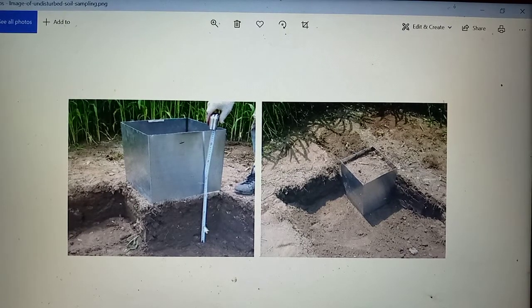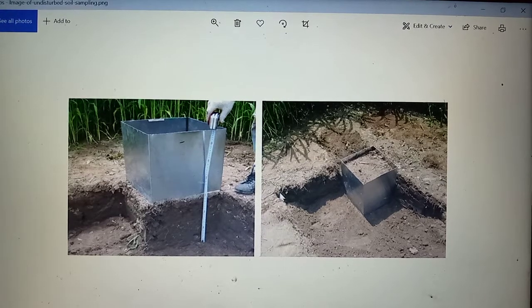Kumukuha ka ng sample, pero una, tanggalin mo muna yung mga organic materials. Medyo mababaw siya eh. Usually, yung undisturbed sample sa actual, tatanggalin mo yung topsoil, and then at a considerable depth, doon ka kukuha ng sample.